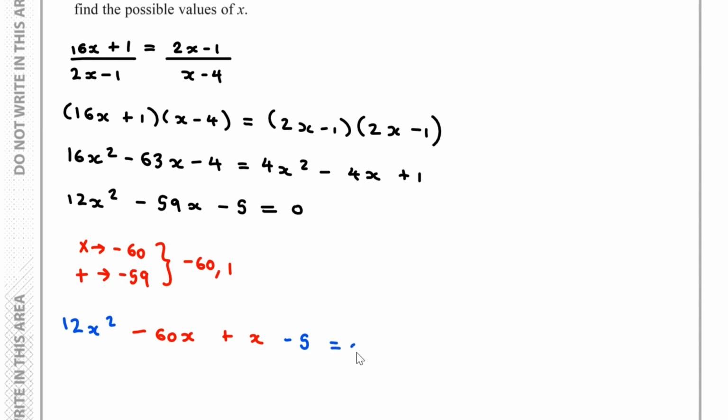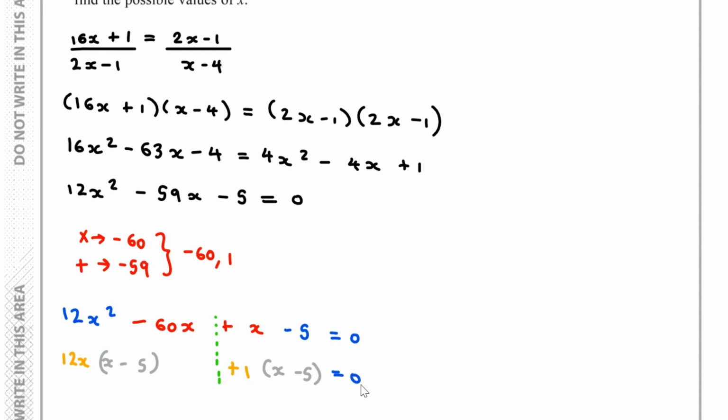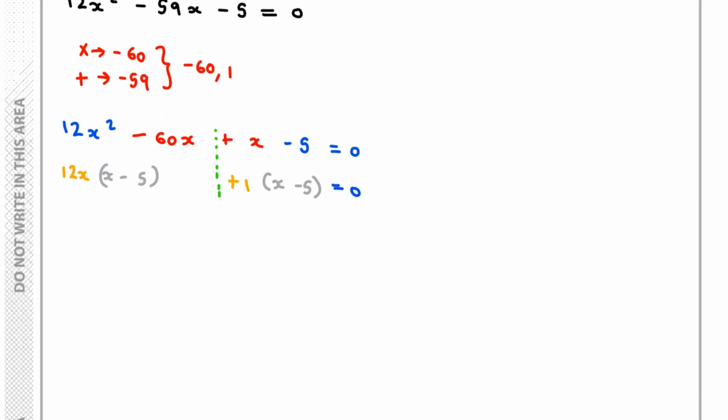Okay, so now if I split this down into two parts, then if I factorize the left bit, we've got an x minus 5 and an x minus 5 here, and here I've got a 12x, and here I've got a plus 1, and this is equal to 0. So if I group the terms together, we can therefore conclude that 12x plus 1 lots of x minus 5 equals 0.